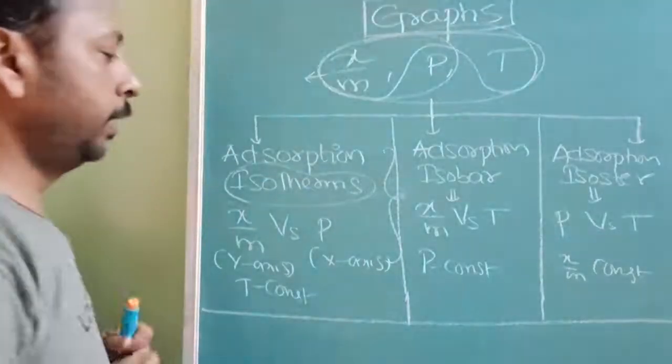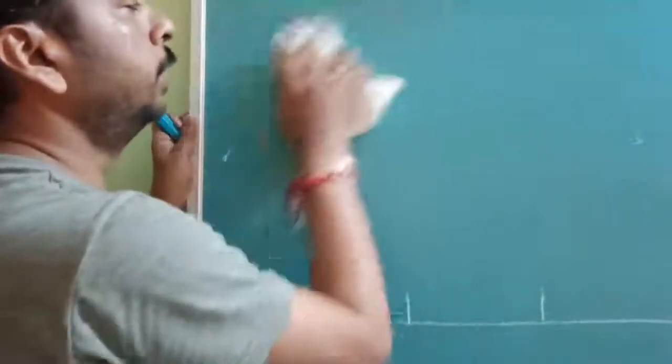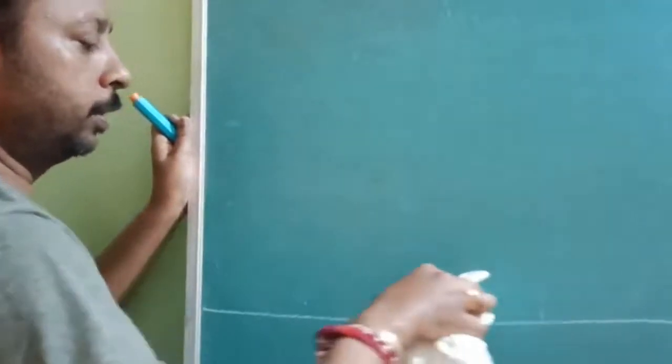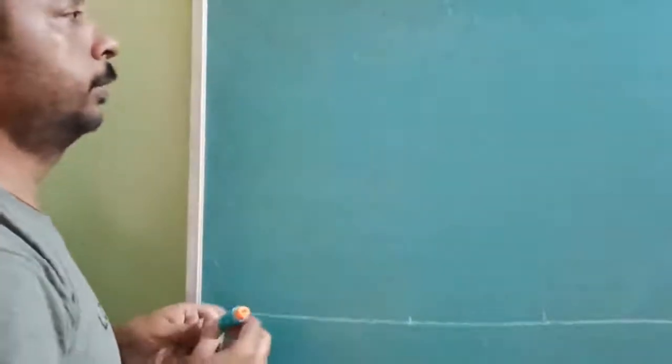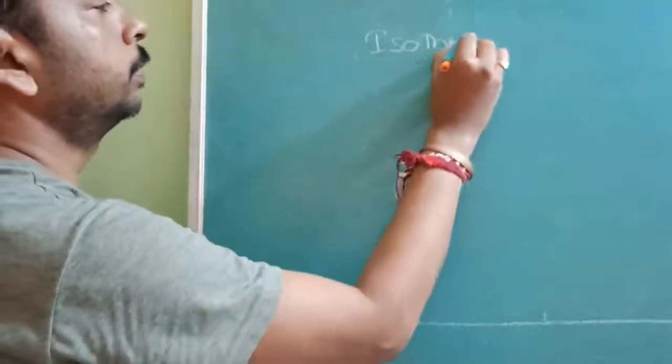Noted. First let us start with the adsorption isotherms. As I told you, x upon m needs details, because of that only people are not able to score good marks. So first, adsorption isotherms.